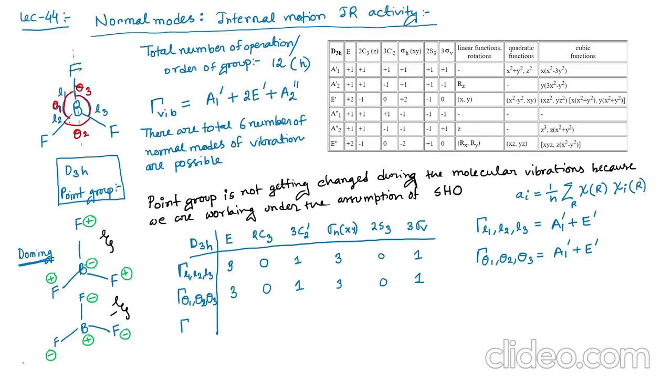So what I am trying to say is, this doming is going to be put as a character of 1, not as 3 or 4, right? Because these are all happening simultaneously, all at a time. What about 2C3?